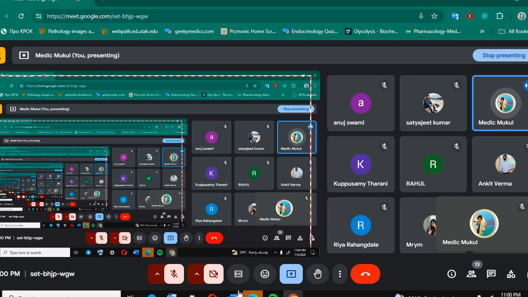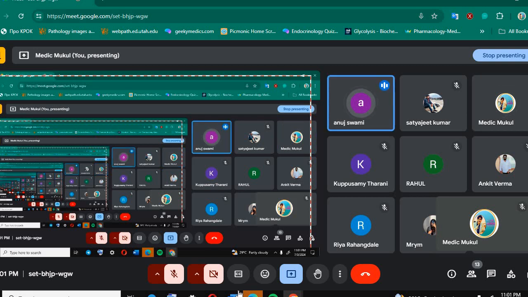Anuj, type 2 frostbite. Skin loss, vesicles. There will be skin loss and large vesicles.